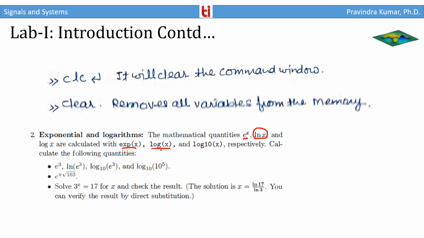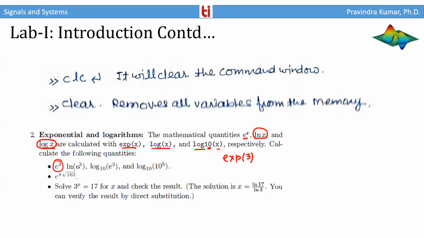And if you have log x base 10, you can write log10 and the value. So e to the power 3 means exp, exponential with variable 3. You can write like this.